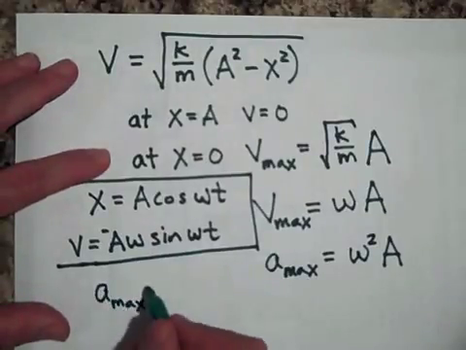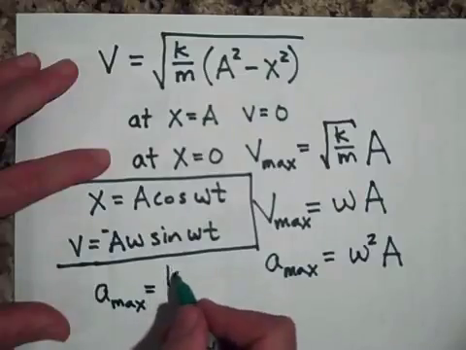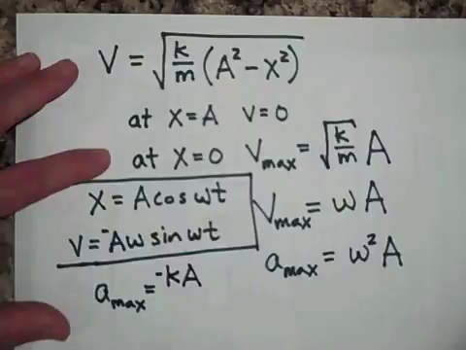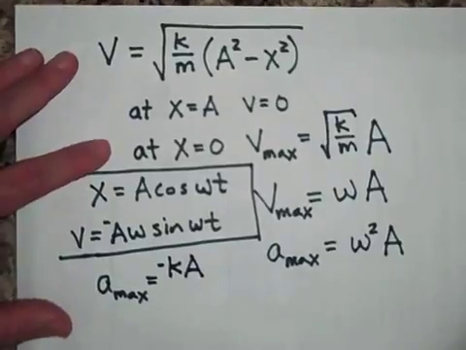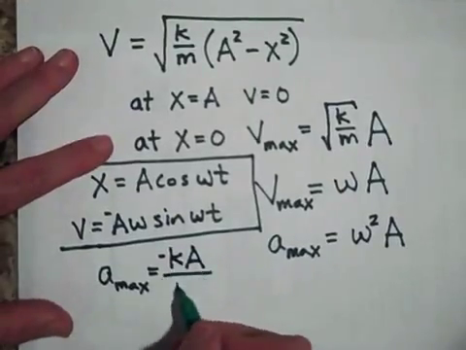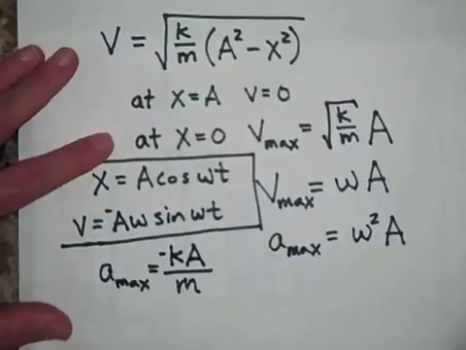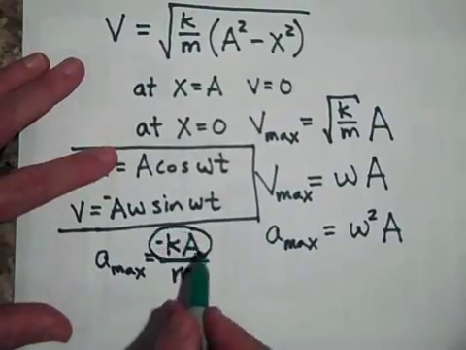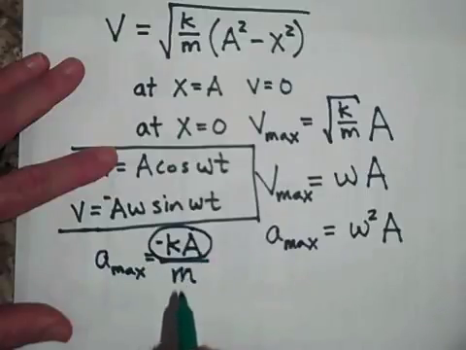It's negative k A, divided by m. This is the biggest the net force gets, negative k A, and then you divide it by m, and that gives you a max.